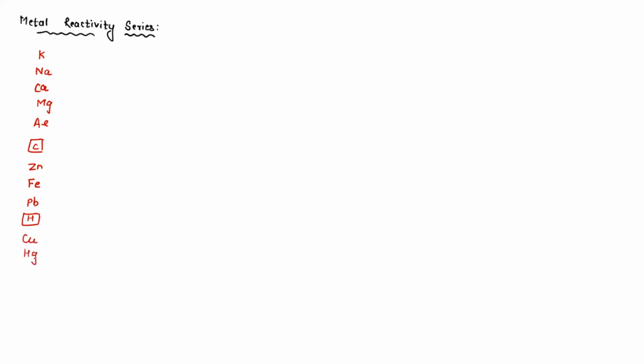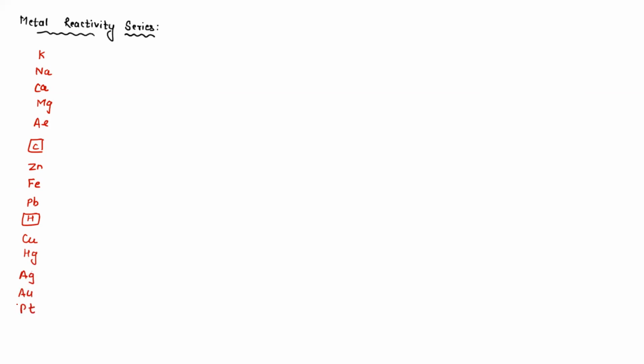Let us understand something called the metal reactivity series. In the metal reactivity series, we have potassium, sodium, calcium, magnesium, aluminium, carbon, zinc, Fe, Pb, hydrogen, copper, mercury, silver, gold, and platinum.